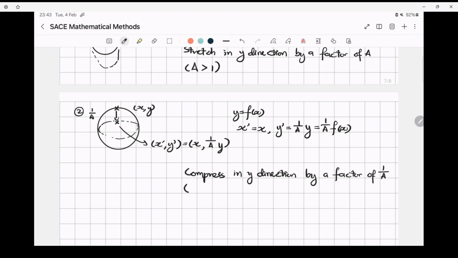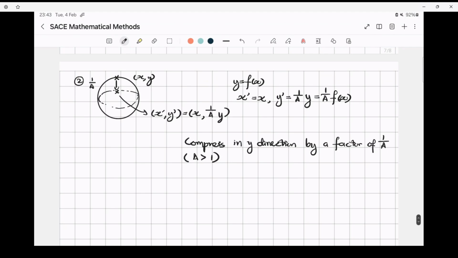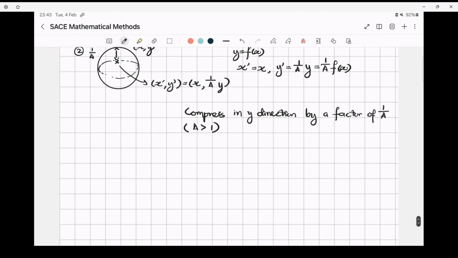In this case, because I already did the reciprocal, a of course still has to be greater than 1. It depends on how you memorize the equation or the transformation. We will do a final conclusion at the very end, so no worries. For now, just take this as it is.